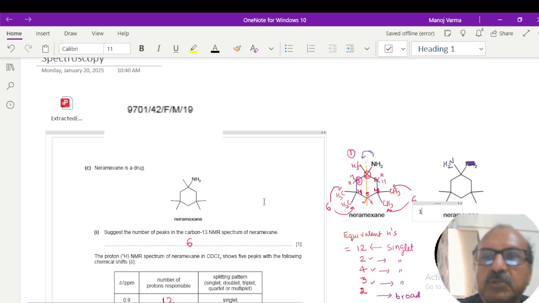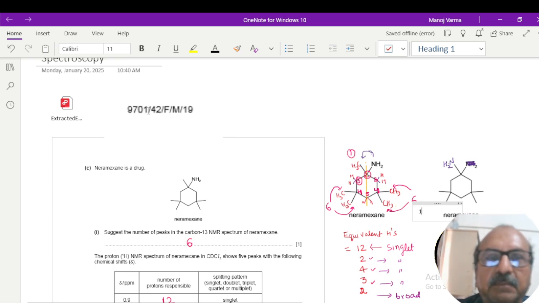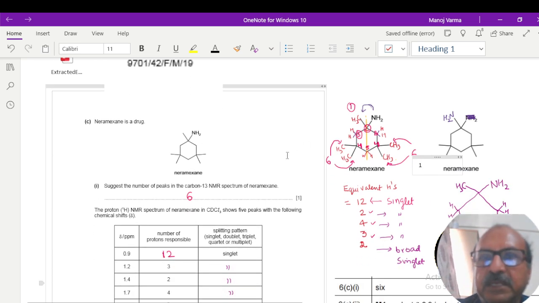and proton NMR spectroscopy. I found this question from March 2019, paper variant 42, subject code 9701 A-level chemistry, to be particularly challenging, and I thought of writing down a detailed answer with explanation to this question.